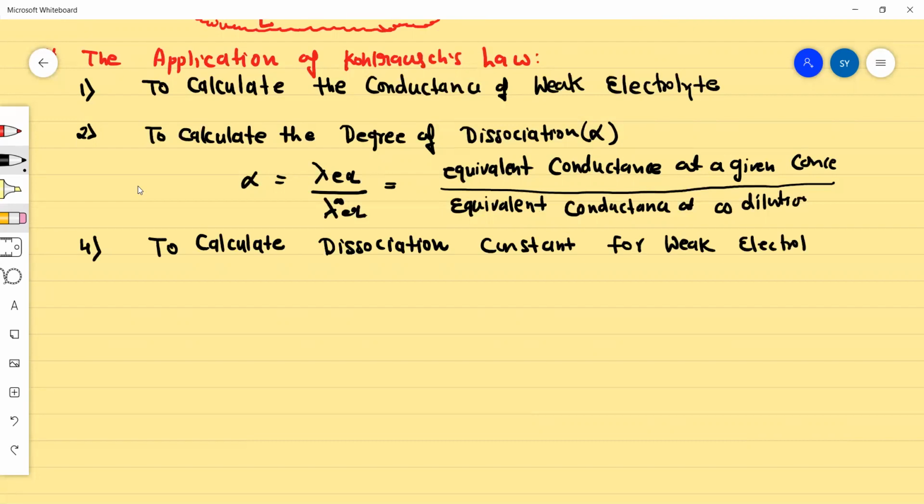Now see, there's a formula. Ka is the dissociation constant. Ka is equal to alpha square C upon 1 minus alpha, where alpha is less than or equal to 5%. If the dissociation is less than or equal to 5%, then we neglect it. If it is more than 5%, then we consider it.